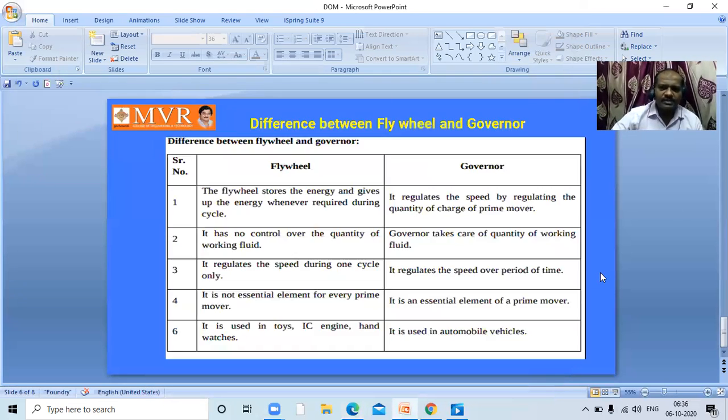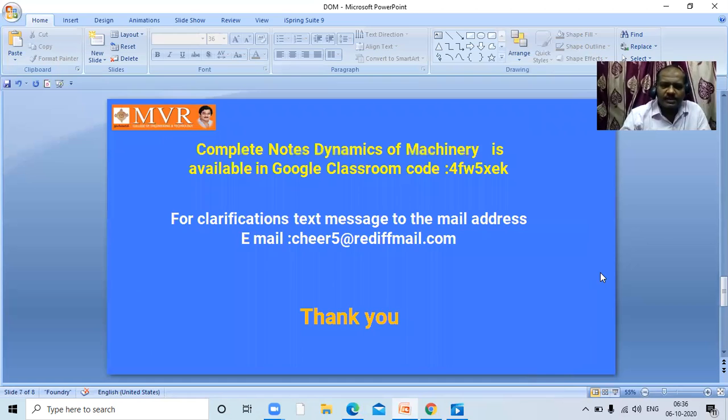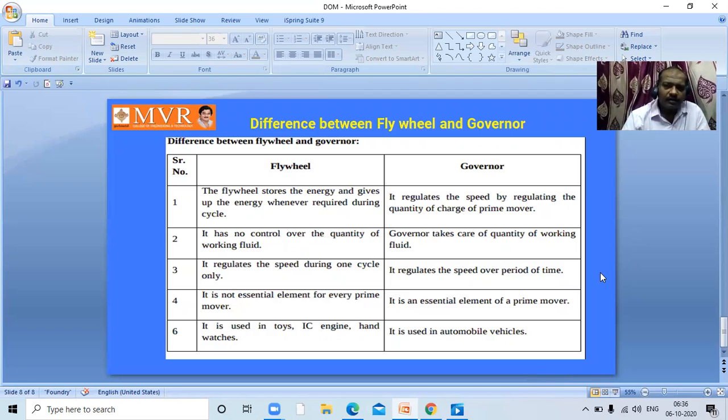So before closing this class, I want to differentiate between the flywheel concept and the governor. The flywheel stores energy and gives the energy whenever required during the cycle. It regulates the speed by regulating the quantity of the charge of the prime mover. It has no control over the quantity of working fluid.